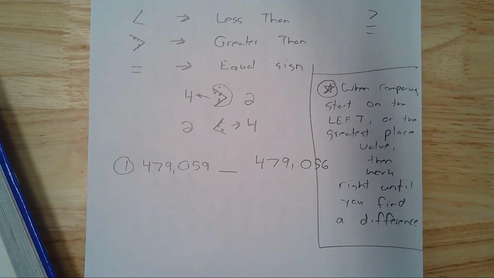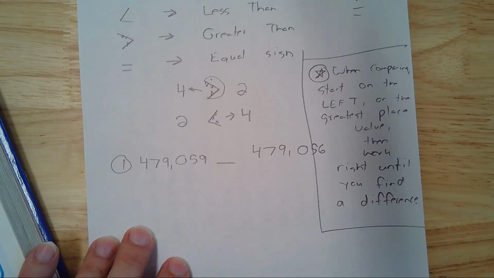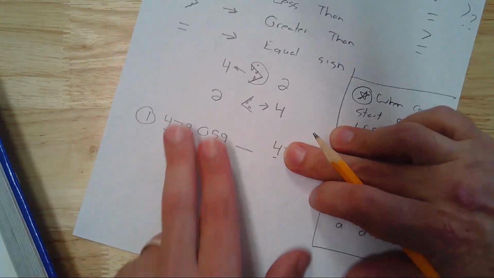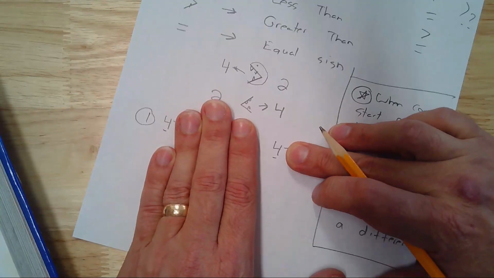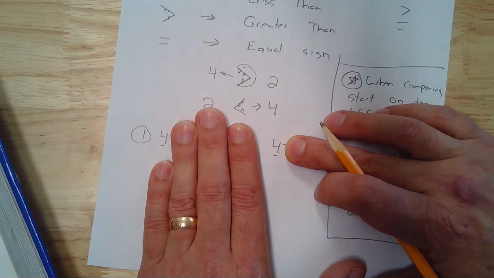So really, I have these 2 numbers here, and the question is greater than, less than, or equal to. So where I would start is over in the hundred thousands column. Both of them start in the hundred thousands column. Agreed? So I compare these hundred thousands to each other. And I have 400,000 on the left, 400,000 on the right.